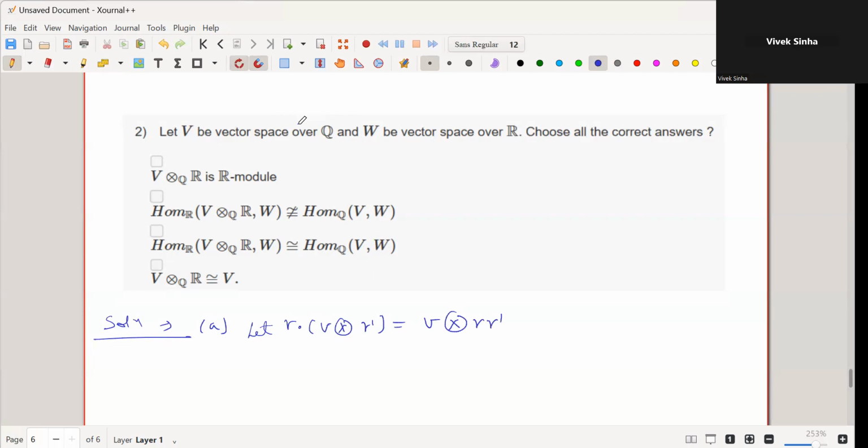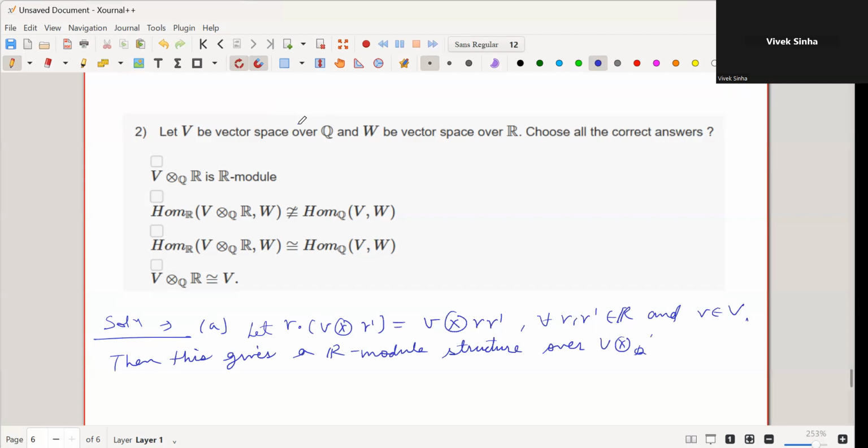This is for all R dash belonging to R and v belonging to V. Then this gives an R module structure over V tensor Q. You can check that it will satisfy all the properties of the module structure.